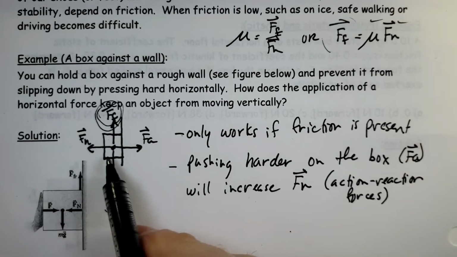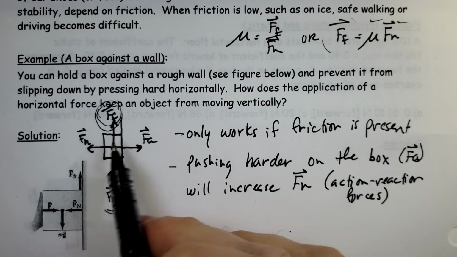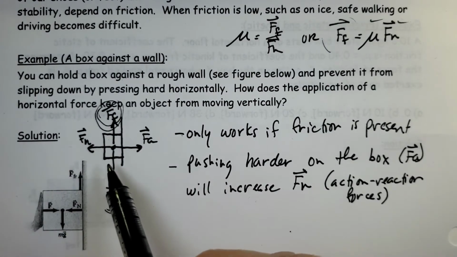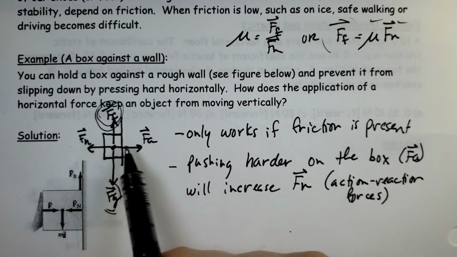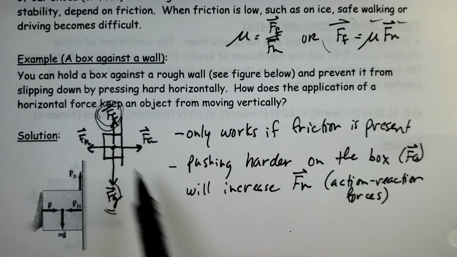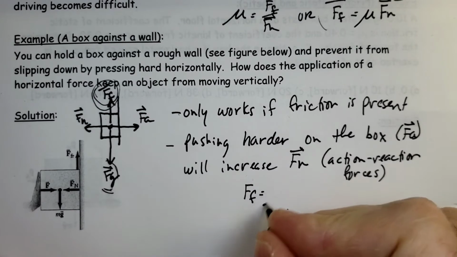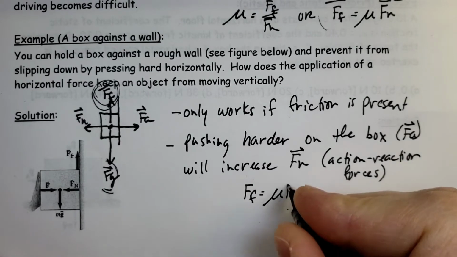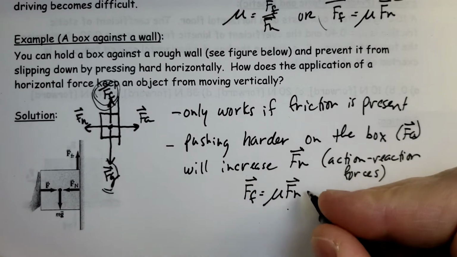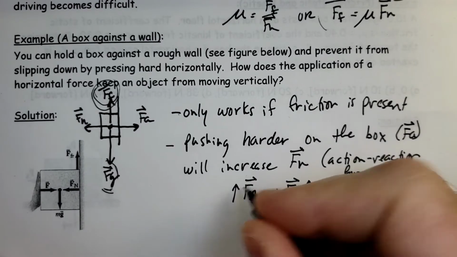We can see horizontally, this box isn't going to move left or right. It's not going to accelerate left or right. So horizontally, our two forces of Fa and Fn must be equal and opposite. If I increase this, I end up increasing that.